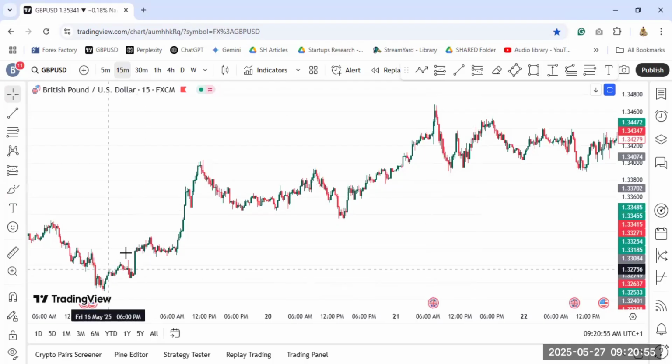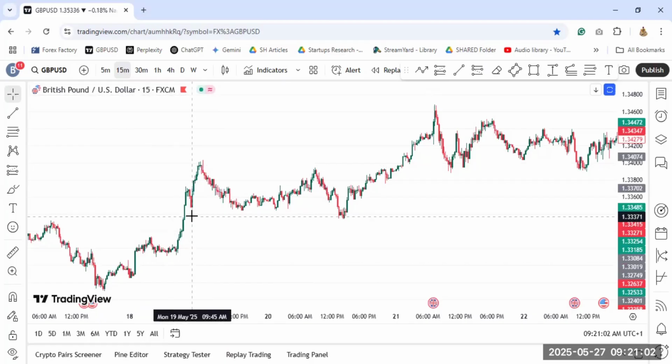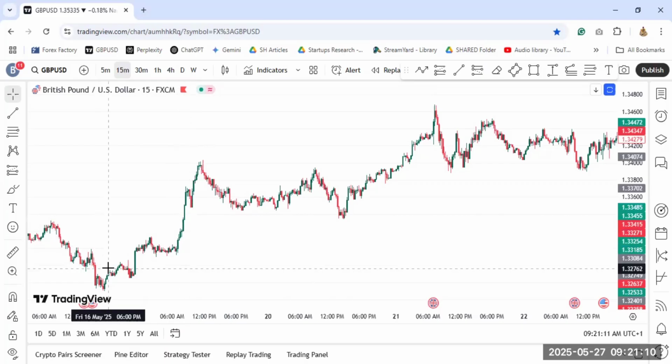So we are in GBP USD now. This is the asset, is 15 minutes. And one thing I will also want to explain about break of structure is the time frame to use it. If you are a day trader, it is best to check for a break of structure on the 15 minutes time frame.